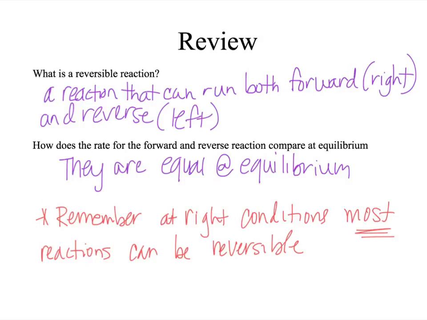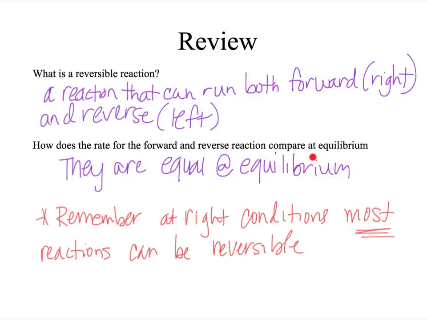Now talking about equilibrium a little bit, what is a reversible reaction? That is a reaction that can both run forward to the right, that means towards the products, and it can also run left, meaning the products could go back towards the reactants. How does the rate for the forward and reverse reaction compare at equilibrium?